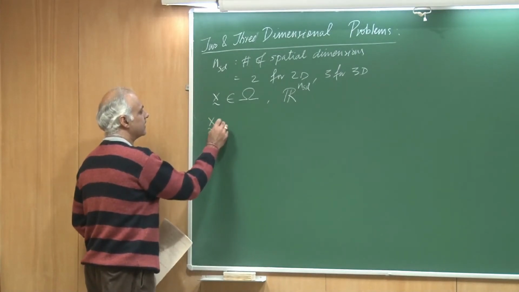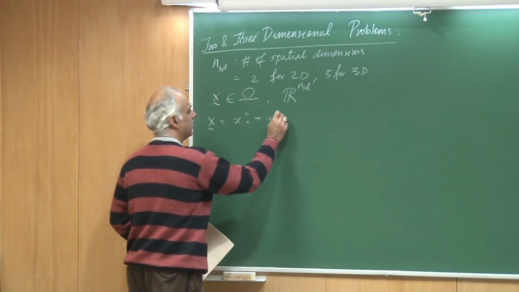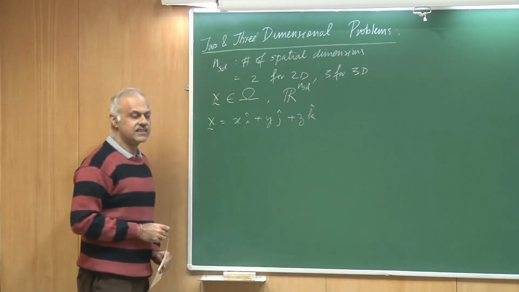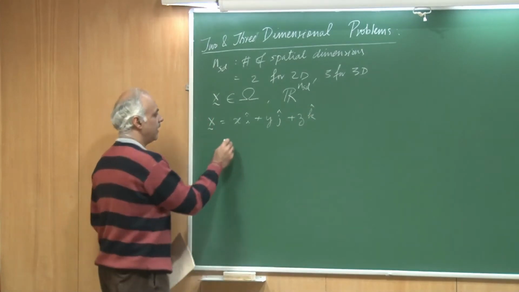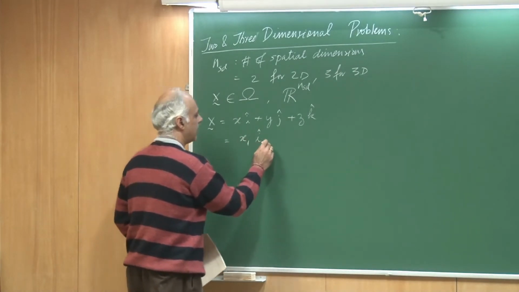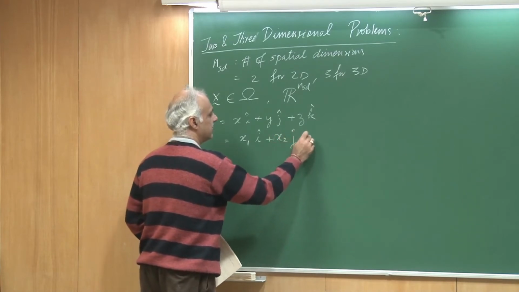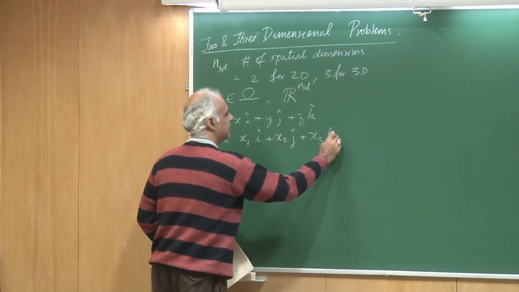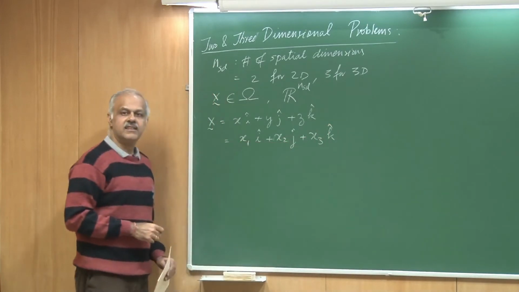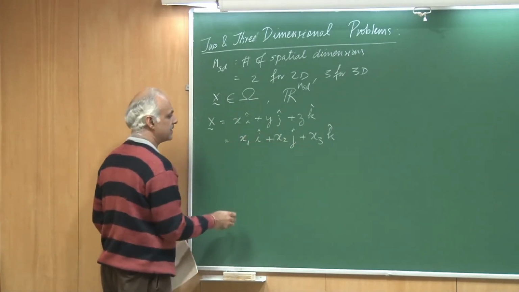For example, x could be something like xi plus yj plus zk. This is the traditional way of writing it. I could also write it as x1 i plus x2 j plus x3 k, where x1, x2 and x3 refer to the 3 components along the 3 Cartesian axes.